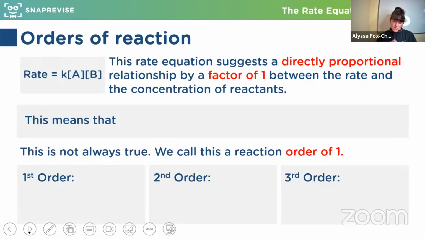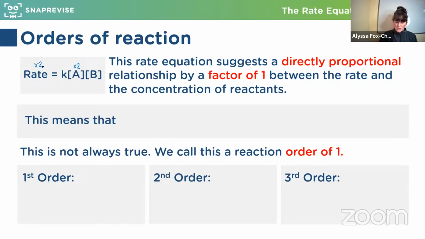Good. So the rate equation suggests a directly proportional relationship, as you guys have just said, by a factor of 1 between the rate and the concentration of the reactants. This rate equation shows that if I were to increase the concentration of A by 2, because there is a directly proportional relationship, the rate would also increase by 2.